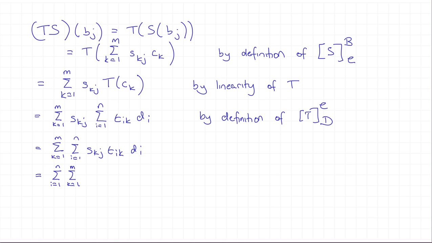When we do that, we get the same thing, t_ik times s_kj times d_i. I'm going to bracket this in a particular way so that we can see what the coefficient of d_i is.